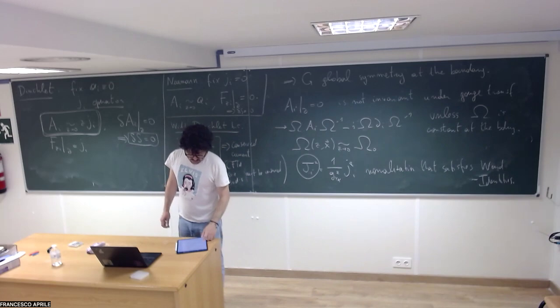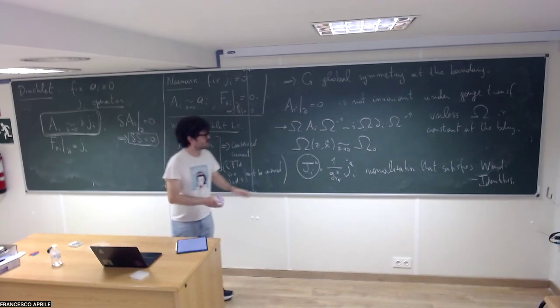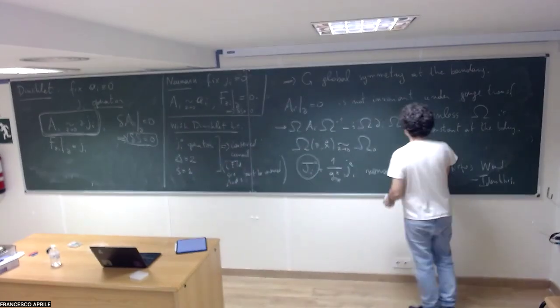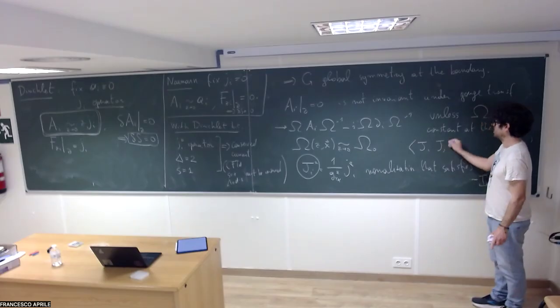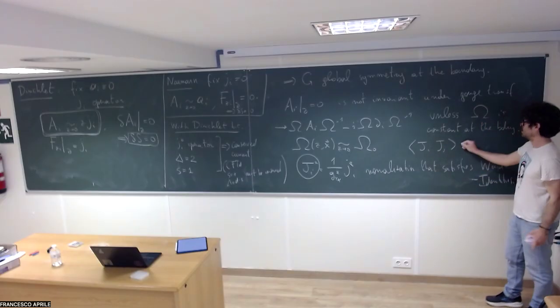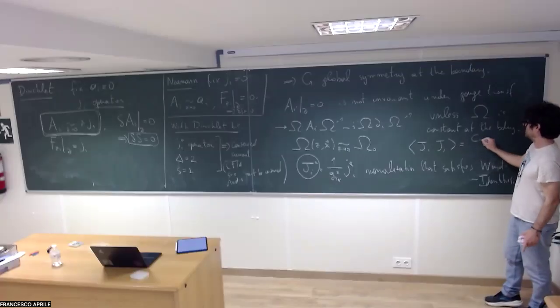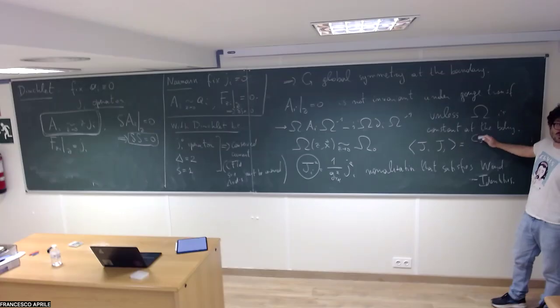Now, maybe one last thing that I want to say about this before going to Neumann is that in this Ward identity normalization, when you compute the two-point function of this current, there is this parameter Cj, which is the global symmetry central charge.